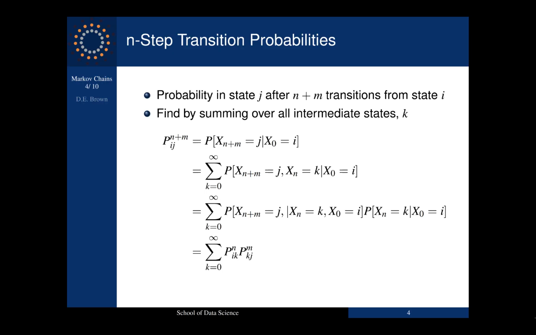So now we can write that in terms of these matrix properties: the transition in n steps from i to k, and the transition in m steps from k to j. And again, we've conditioned on being in k, and k has to go over all possible values.